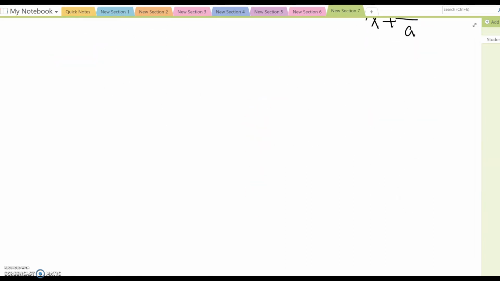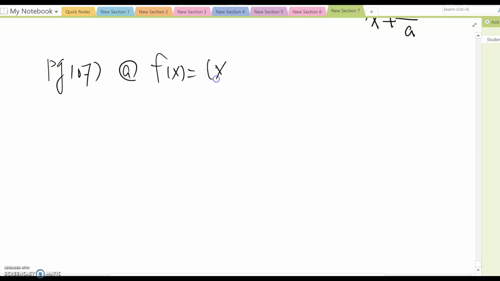Then let's see one example here. Page 107 again. Letter A, which is f(x) equal to x fourth plus 5x cubed plus 6x squared minus x minus 2 divided by x plus 2.